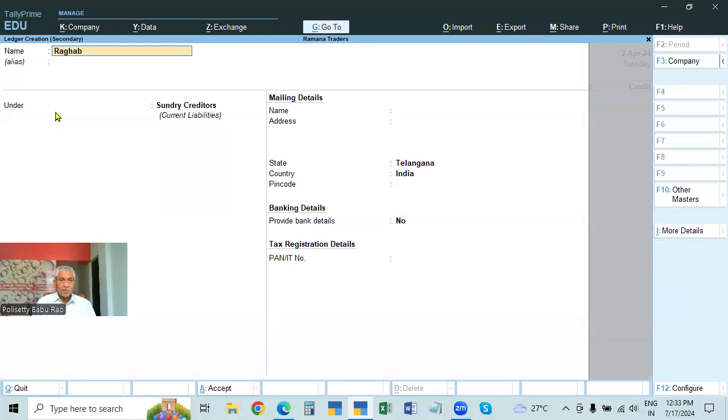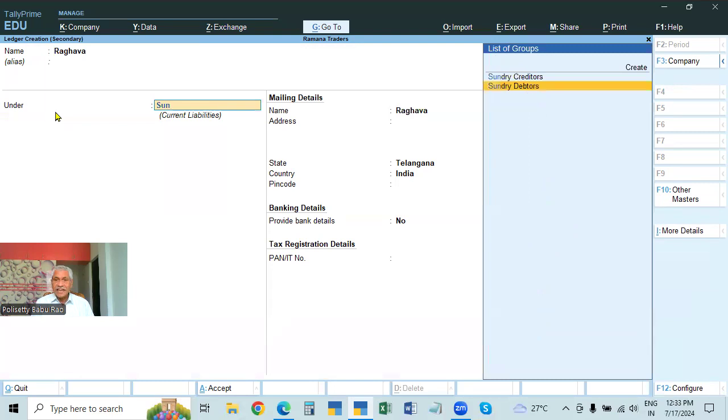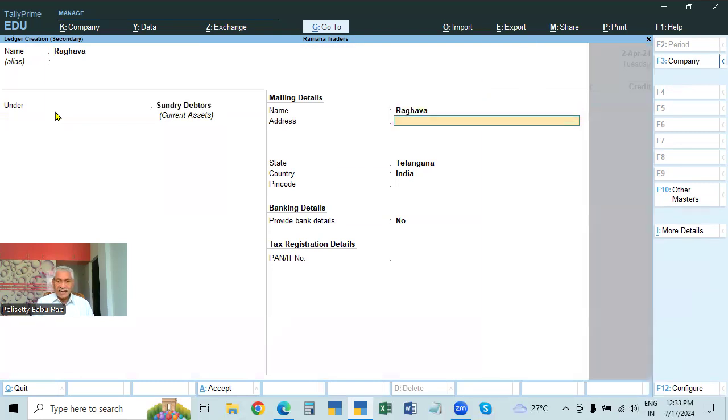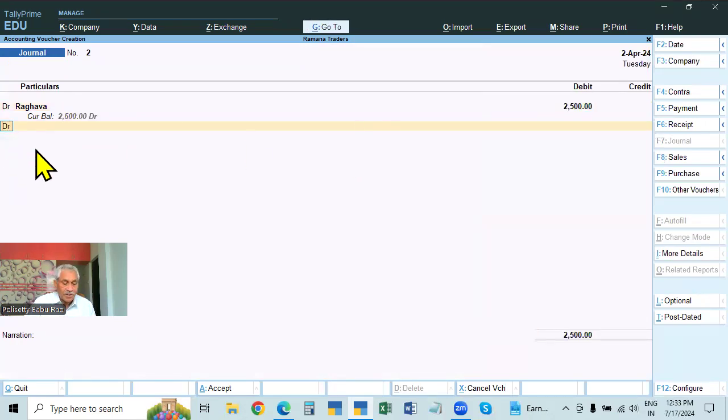We are selling to Raghava. He will be a sundry debtor. We get all the details, accept. So Raghava is the debtor. For example, old furniture, we are selling for 2,500 rupees. And then again the same debit is showing. You have to click C.